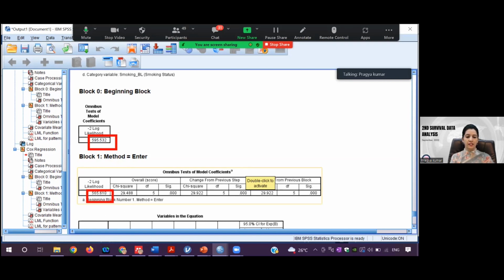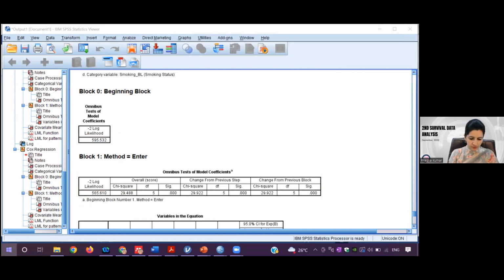And if you add 565 plus this 29.48, please add, all of you. What is the value? 565 plus 61 plus this 29.48.